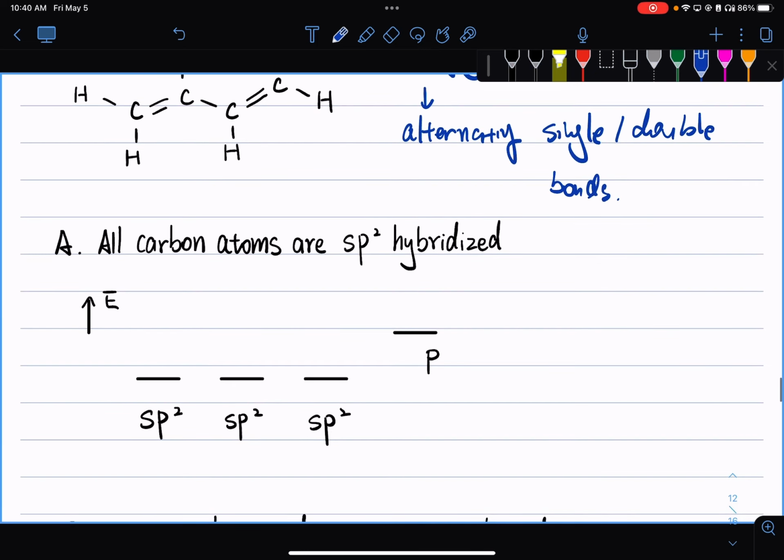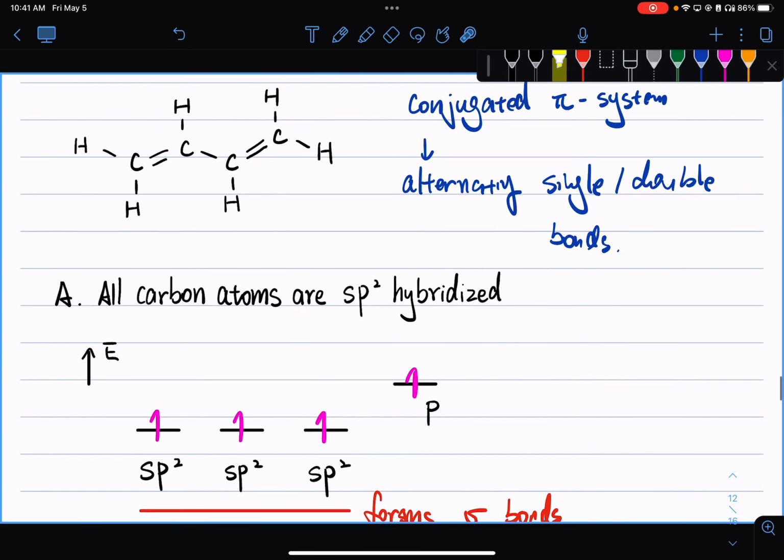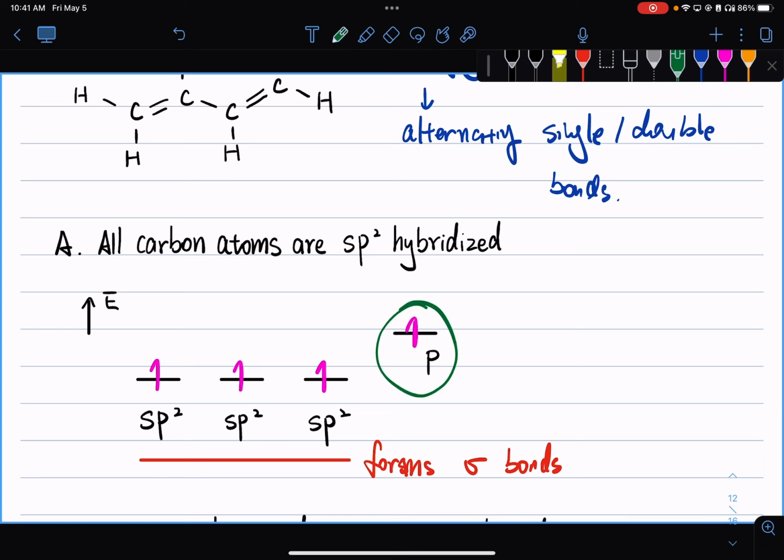If we look at the electron diagram of all my carbon atoms, they're all sp2 hybridized and singly occupied. They're neutral, with four electrons. So the same idea: all my sp2 hybridized atomic orbitals form sigma bonds. Each carbon makes three single bonds with its adjacent carbons or hydrogens. And then my p atomic orbitals will be used to create our pi correlation diagram.